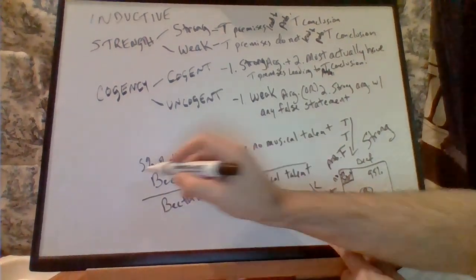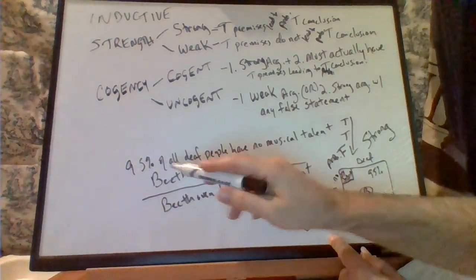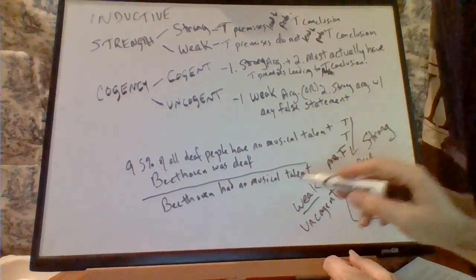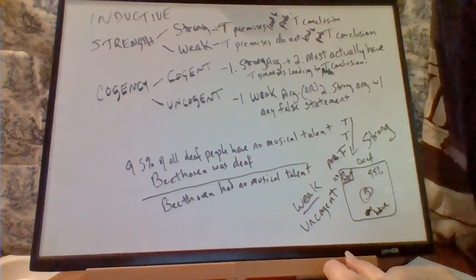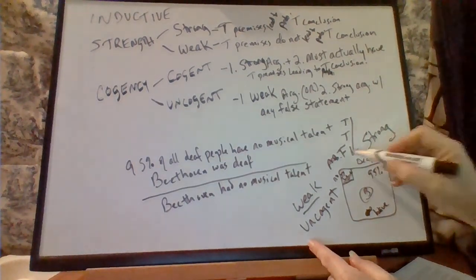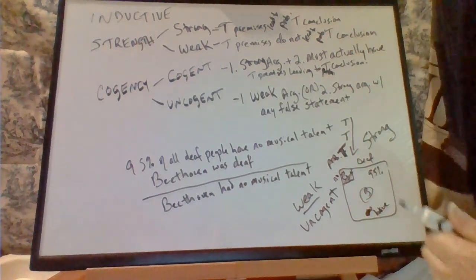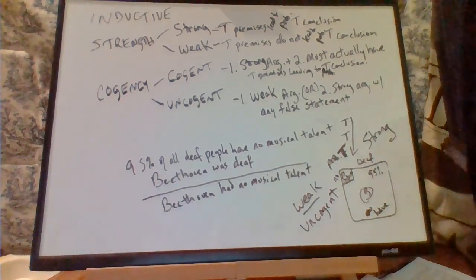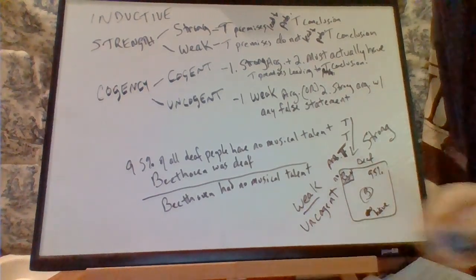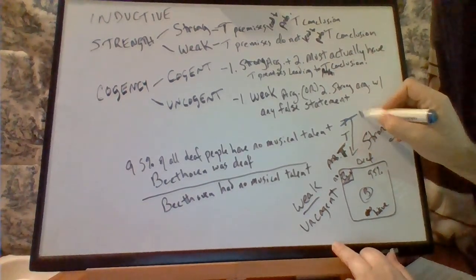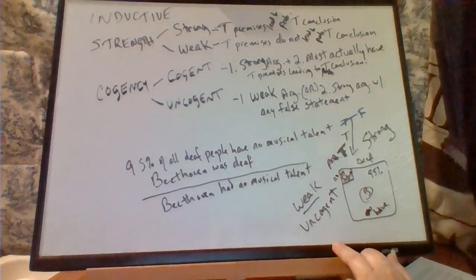The other argument that I had: 95% of all deaf people have no musical talent. Beethoven was deaf, therefore Beethoven had no musical talent. We saw that was a strong argument because it led to a probably true conclusion. However, if we start to evaluate this, I have no statistics on this, but I would assume that the statement that 95% of all deaf people have no musical talent is false.